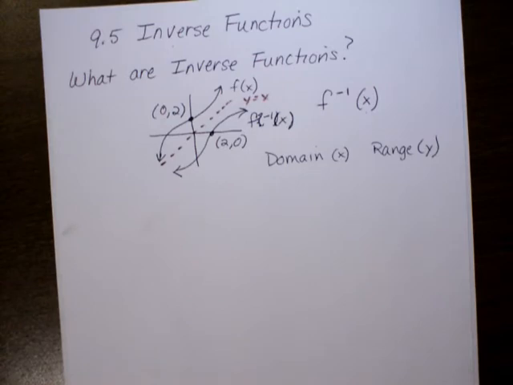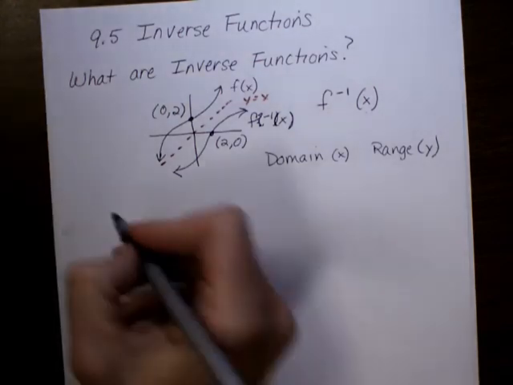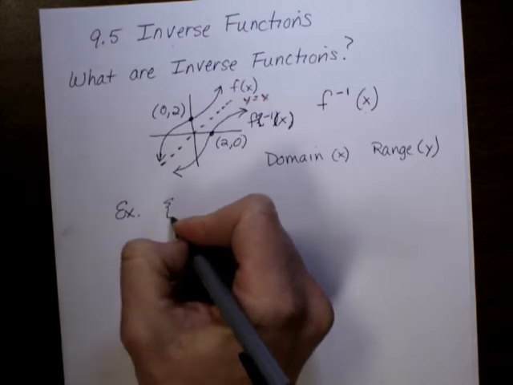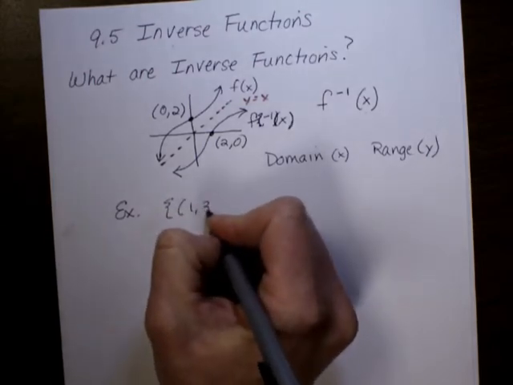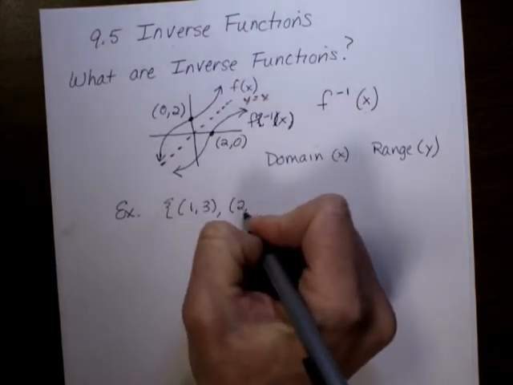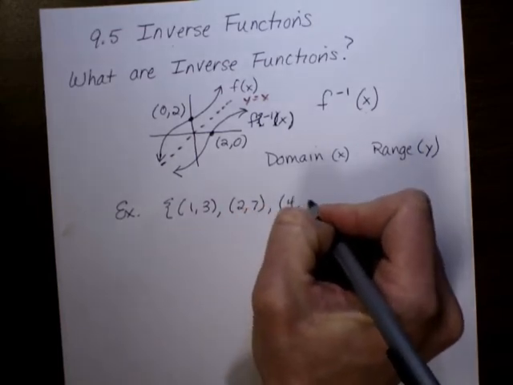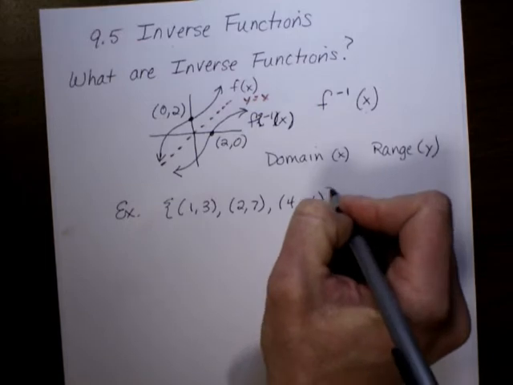One of the questions we'll have you do in your assignment is I will give you a list of just relations. So for example, 1, 3, 2, 7, and maybe 4, -6.